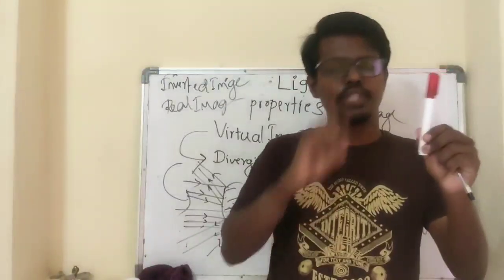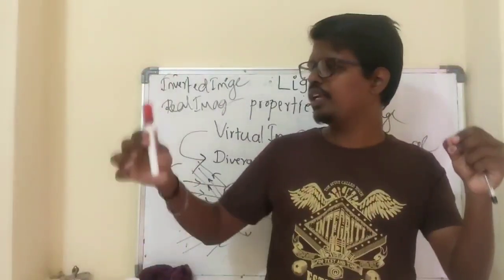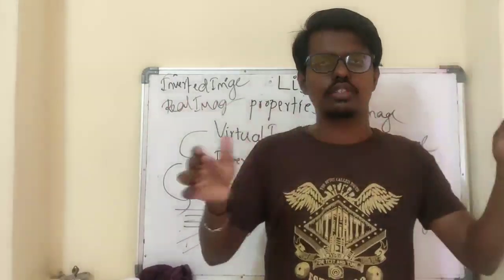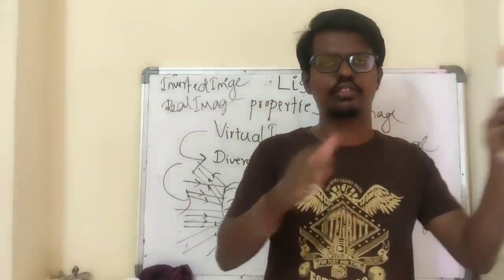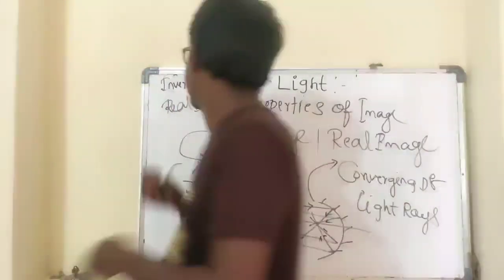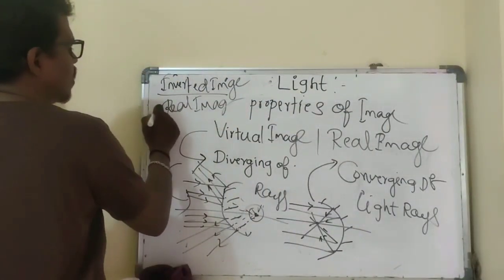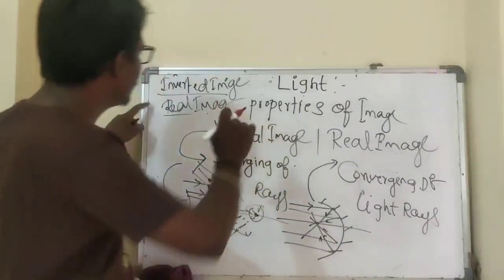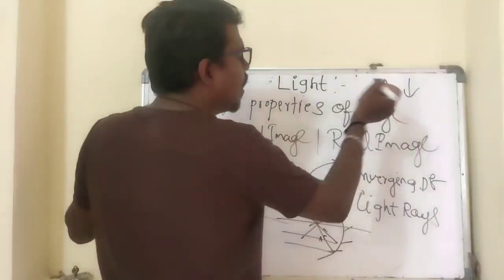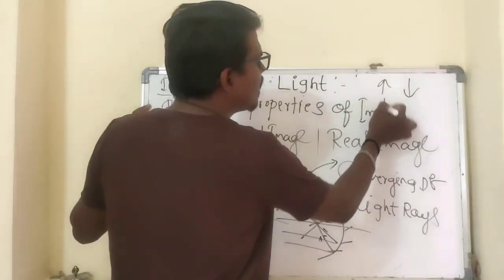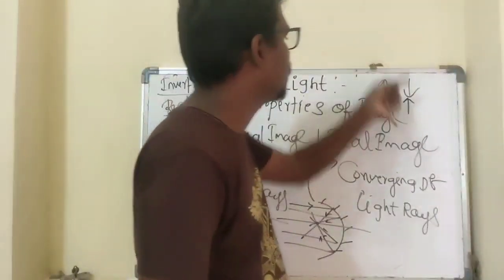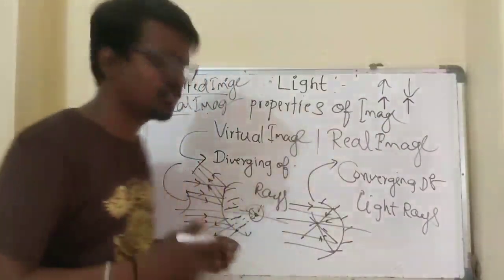Erect images are the ones where the image has the same vertical orientation as the object. Erect means vertically straight and inverted means vertically downward.